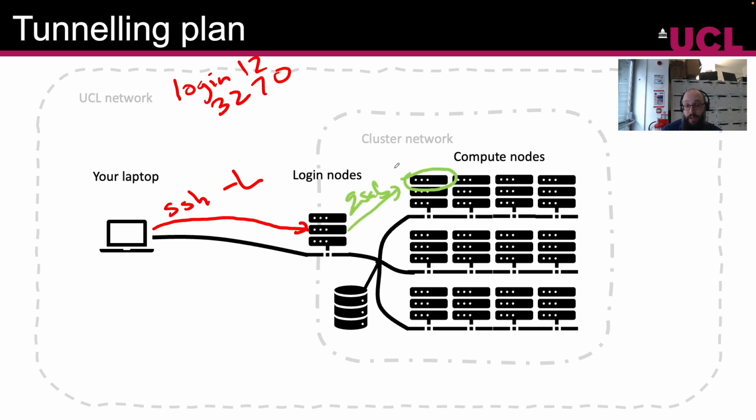So that job will start up another tunnel, SSH back to login 12, forwarding the ports, and it will also start up Jupyter. And when Jupyter is finished, it will tear down the ports.